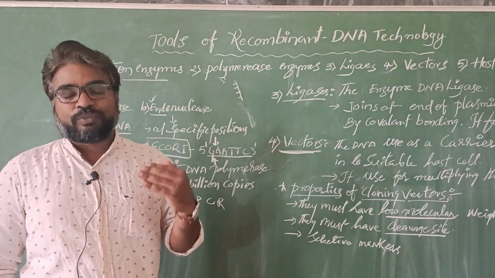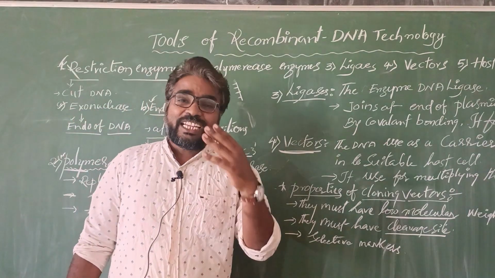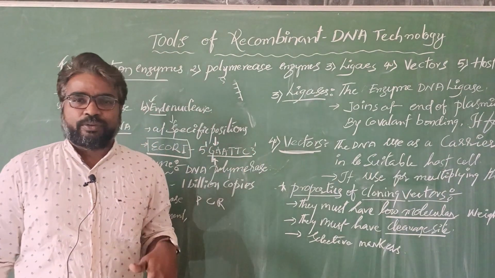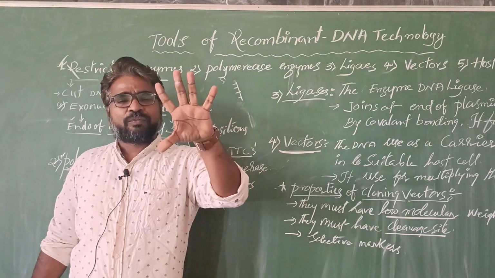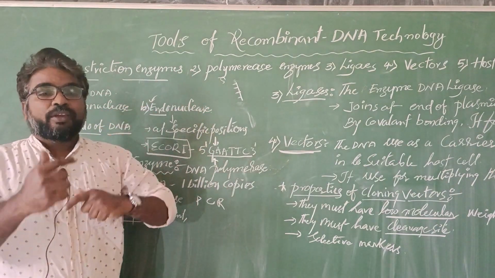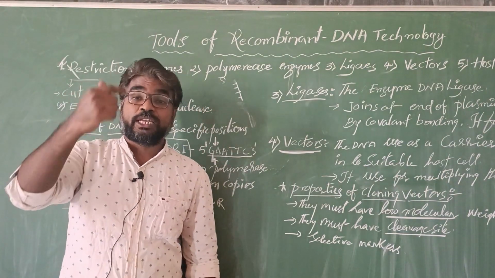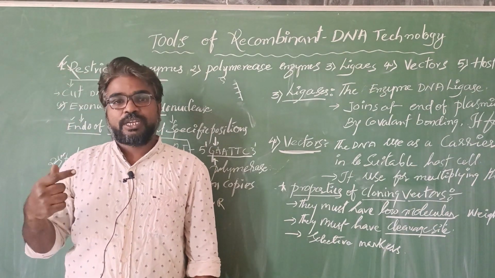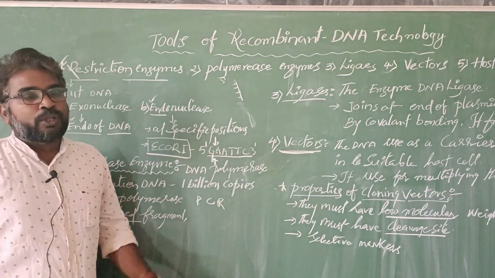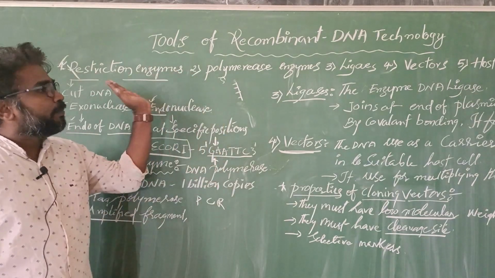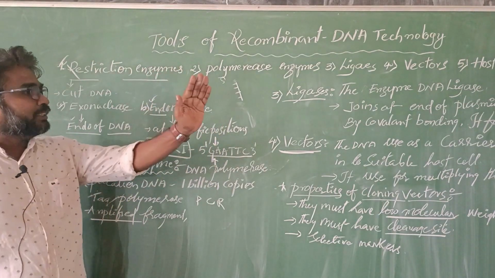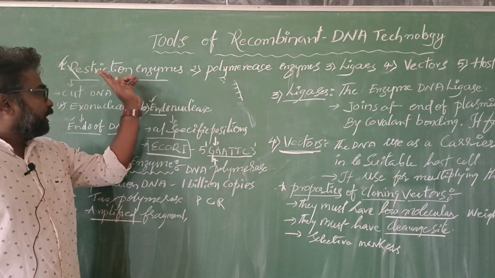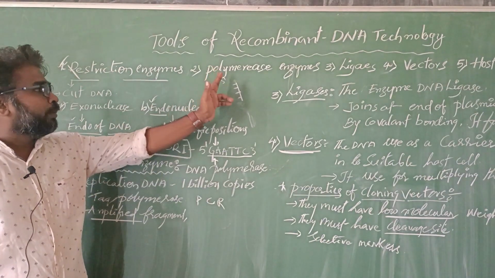These are the tools of rDNA technology. It is very important. Very simple, and five things are there, which you already learned in the process of rDNA technology. So it is very easy. You remember these five items. Number 1 is restriction enzyme. 2.